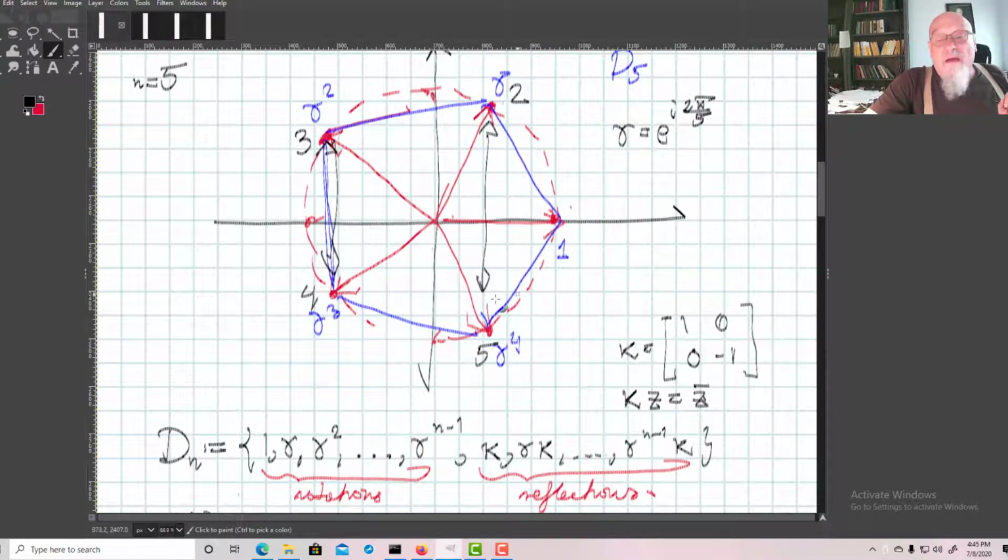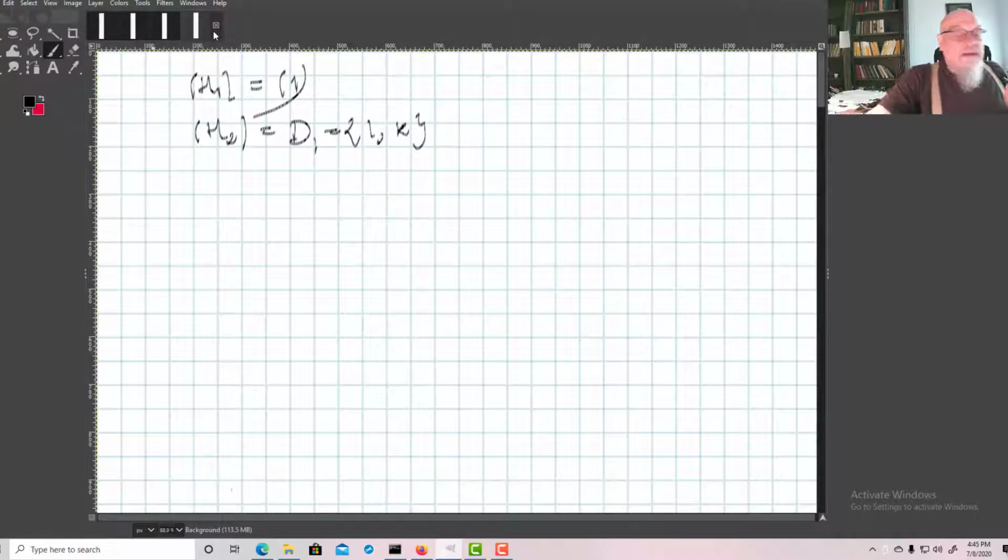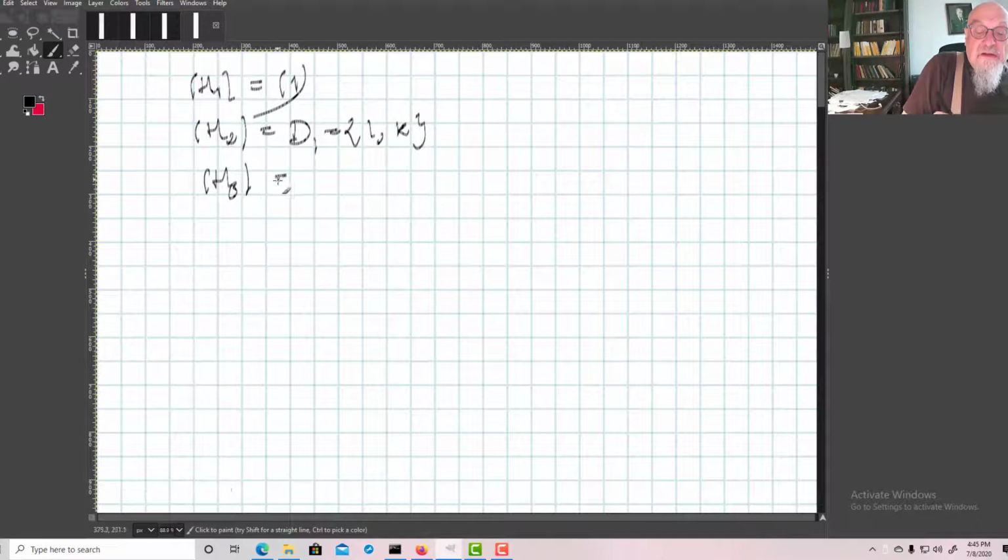So that's a generator gamma. So this is nothing else than the group generated by gamma, and that means this is Z5. So H3 is equal Z5.